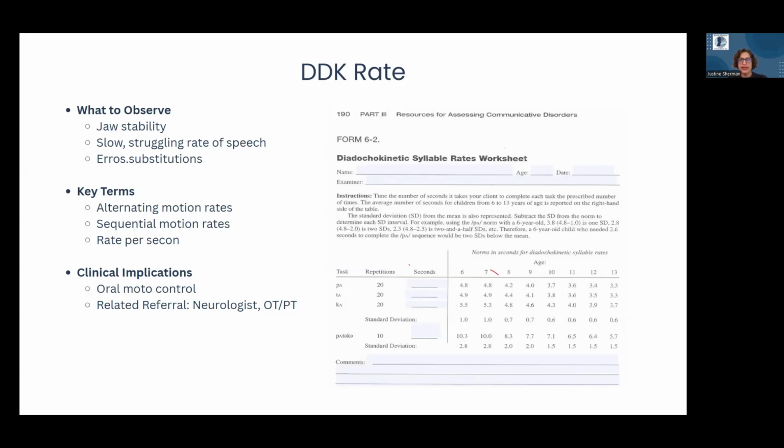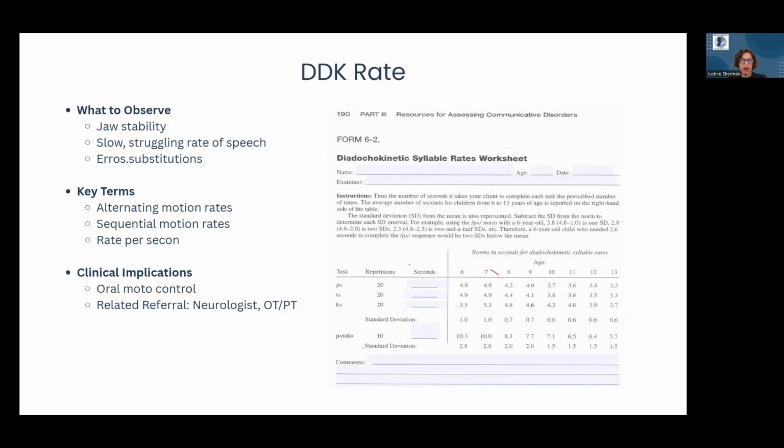Our clinical insight here is if there are difficulties with SMRs, but not AMRs, that suggests some motor planning issues or programming deficits, which may be childhood apraxia of speech. If there's equal stress or segmentation, that indicates impaired temporal coordination.